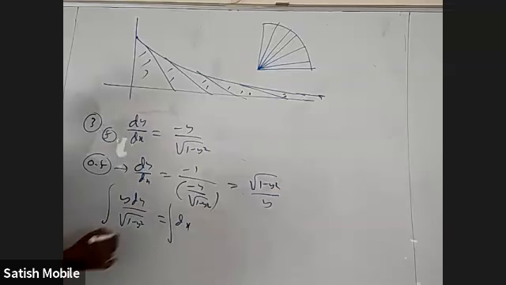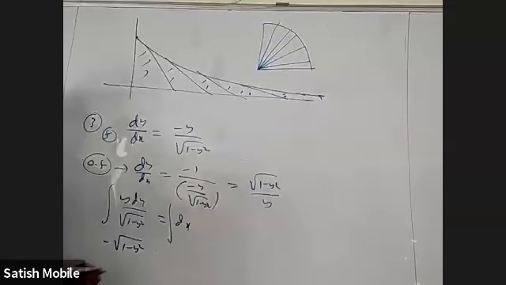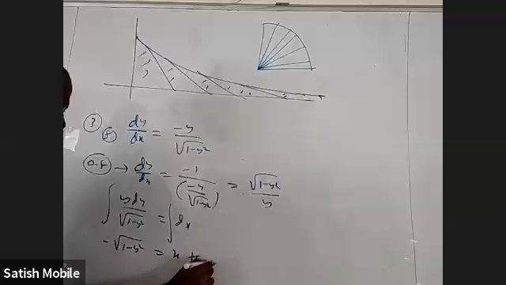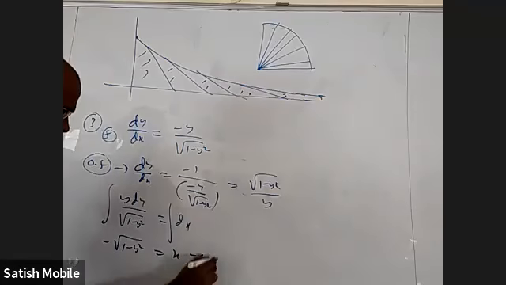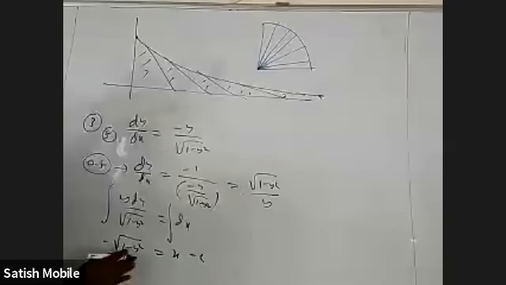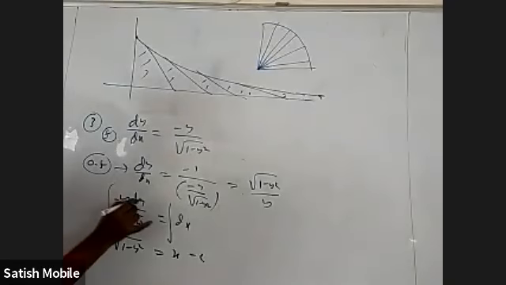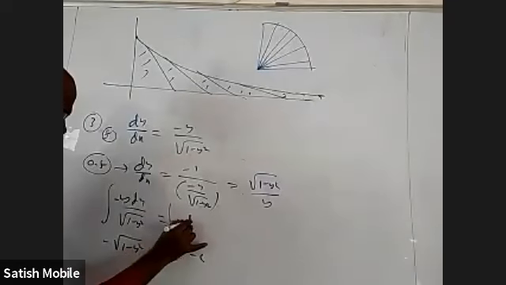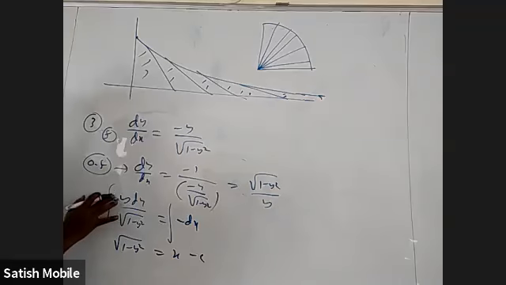Integration. For this, nicely, this is a derivative except for that minus 2. So I can multiply 2 here. It will become minus root 1 minus y square as the integral. Here it is equal to x plus c. We can write minus c also, not a big issue. Or send minus to that side. Let me put a minus here and minus dx here. It doesn't matter. And also multiply the 2.